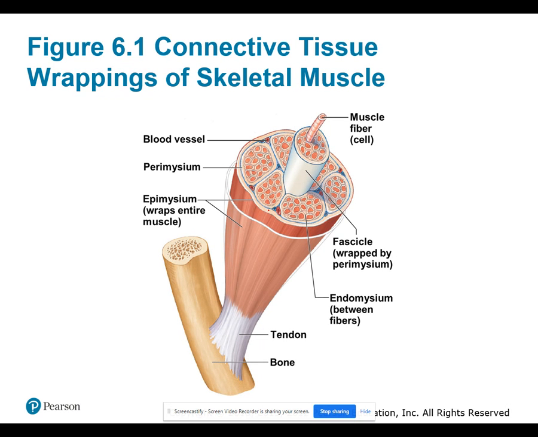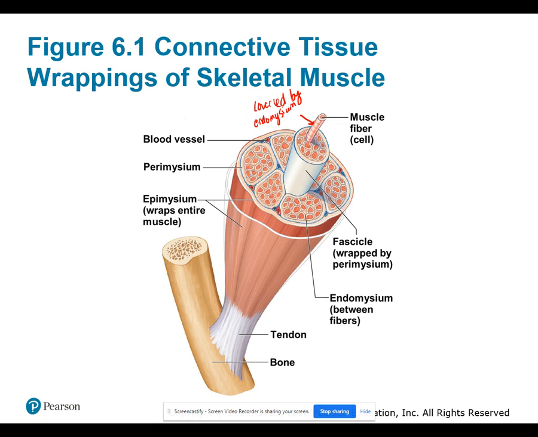So over here, this is a picture just to illustrate. Here you have an individual muscle fiber cell. So I'm going to write over here, covered by endomysium. Down here it shows endomysium also in between those muscle fibers or those cells because, again, it surrounds it.